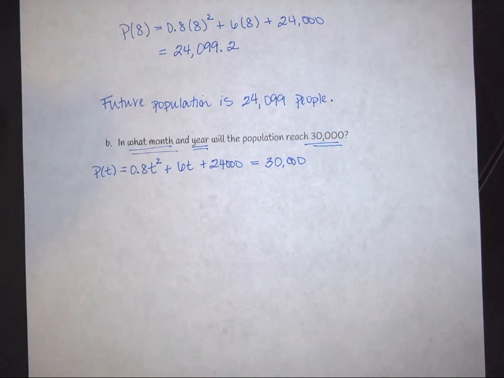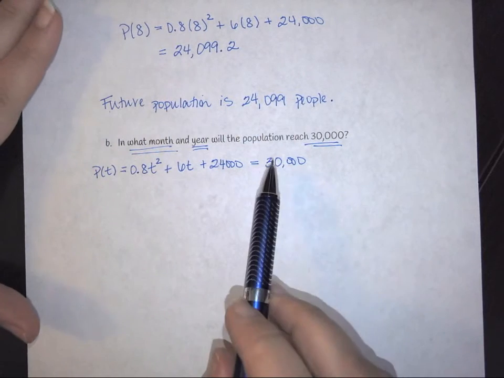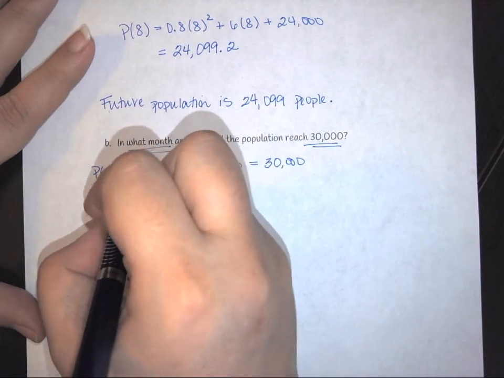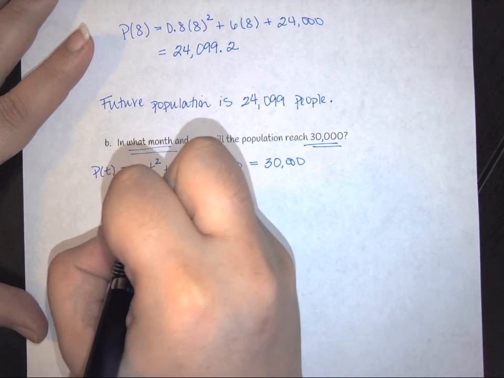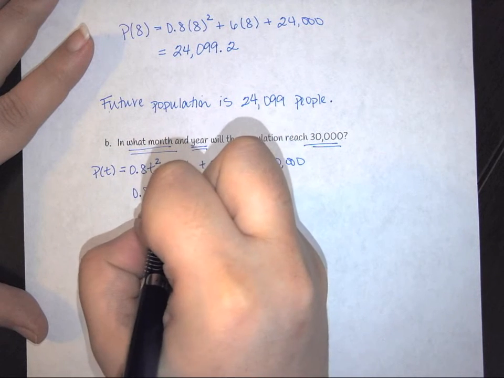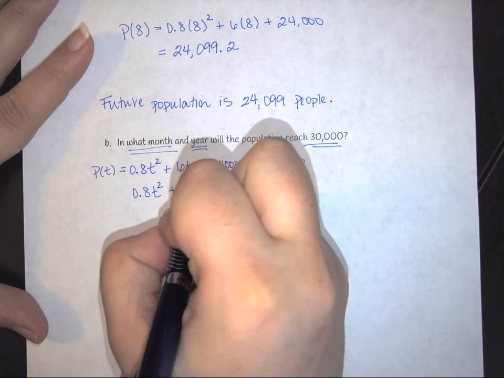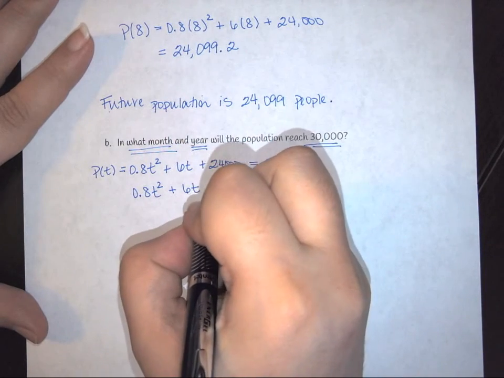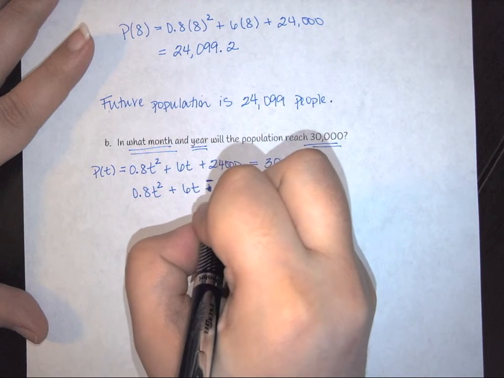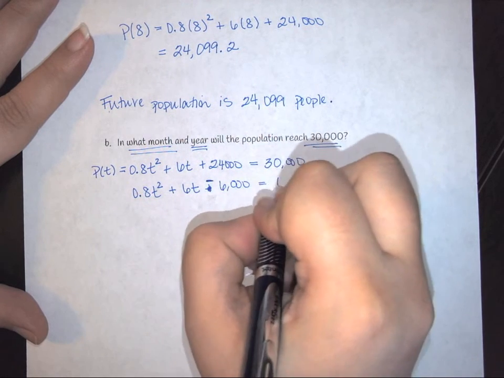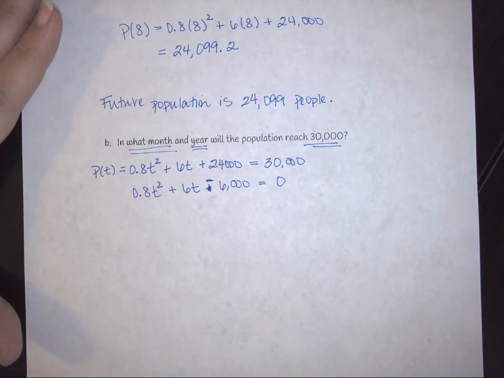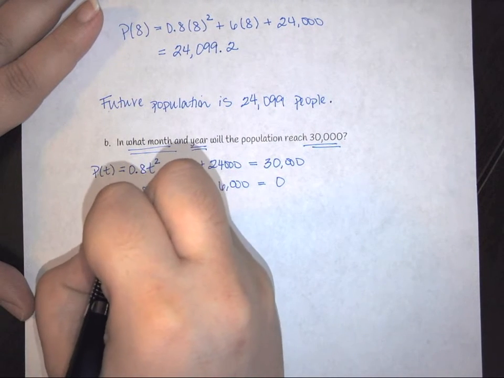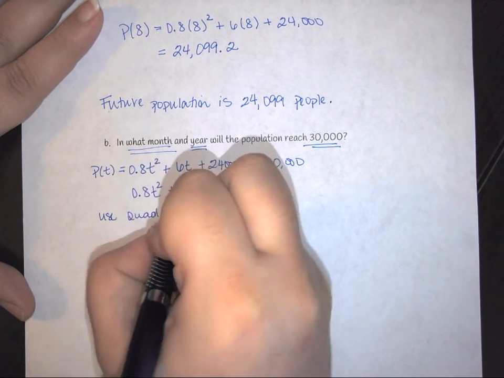So we need to again solve our quadratic. So we got to set this equal to 0 by subtracting that 30,000. So we get 0.8t squared plus 6t minus 6,000 equals 0. And again, you want to use the quadratic formula.